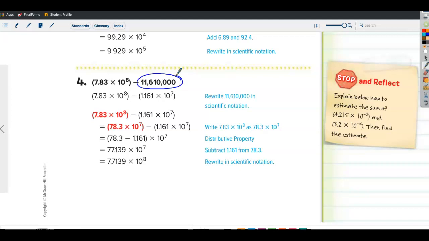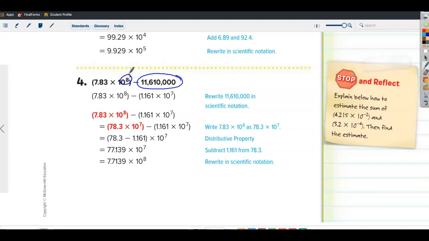Is there something that someone else would do differently, instead of moving it 7 times? Autumn, what would you do? Would you just move it 7 times? Okay, anybody else want to move it a different number of times? Adriana? 8. Why do you want to move it 8? Because this exponent right here is 8, right?